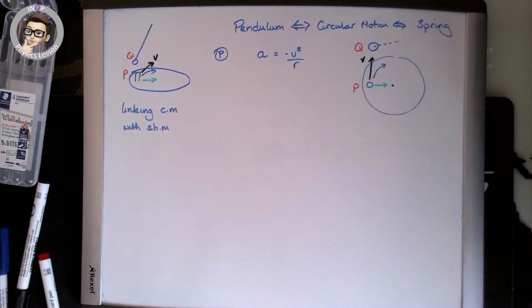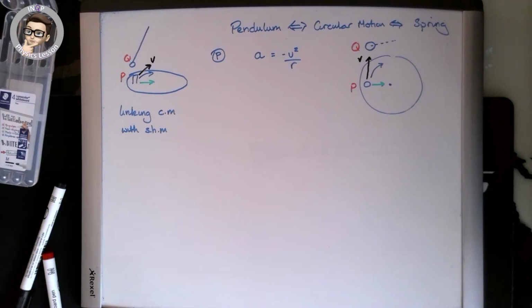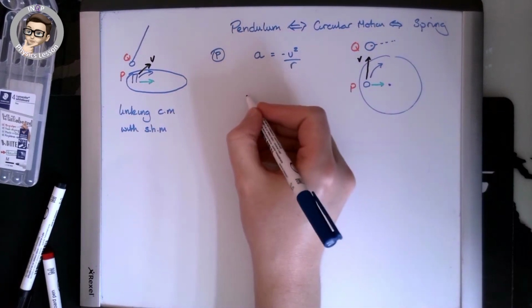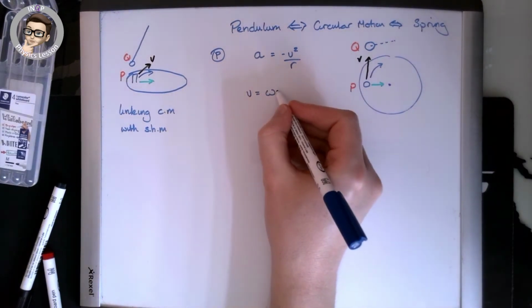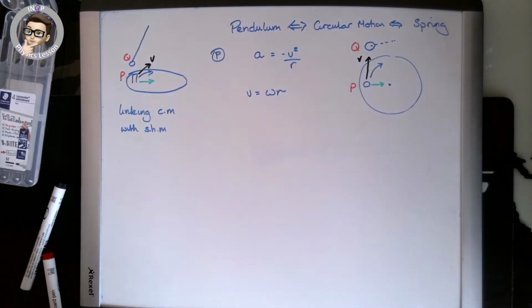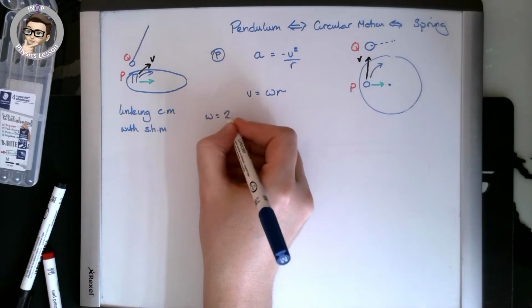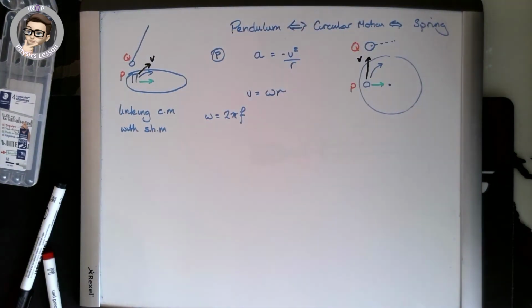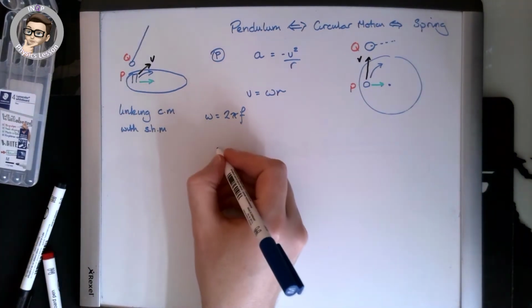It depends upon how we're looking at the shadows as to what's going to happen. So we know that acceleration is v squared over r, but we also know that the velocity is omega r, where omega is 2 pi f. We'll just remind ourselves of that as well, because that's quite important for us to work with. Okay, so that means we can actually redefine acceleration.